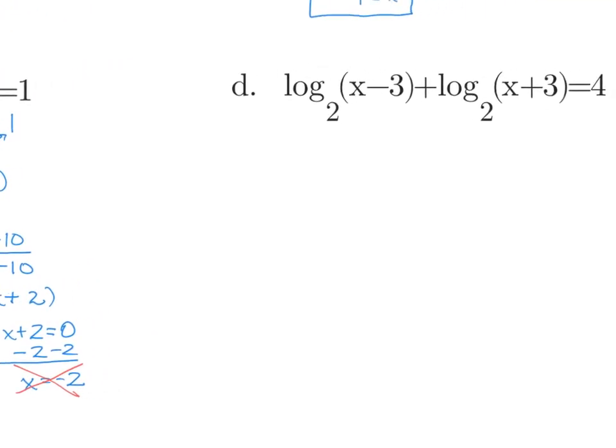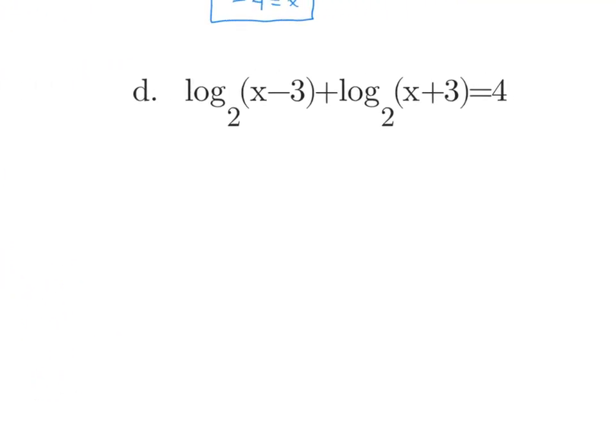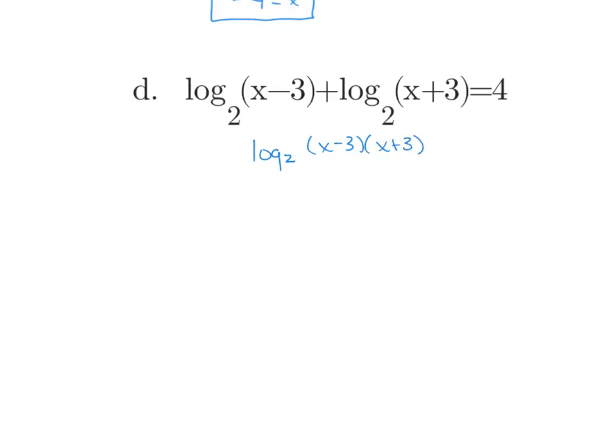Okay, let's look at one more involving addition. So again, the first thing I want to do is combine this into a single logarithm. So we get log base 2 of x minus 3 and x plus 3 equals 4.